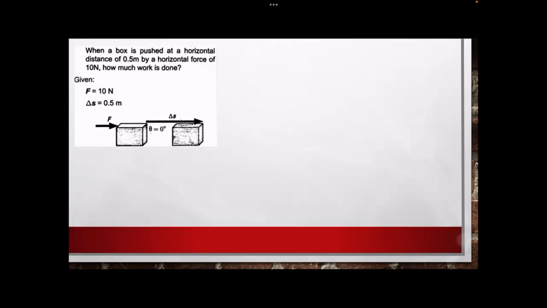So, kunin natin dito as we need to find for W again. Kanan tayo ng W is equal to force times D times cosine theta. So, meron tayong cosine dito na pwedeng i-apply si cosine theta pero along with the horizontal lang siya.